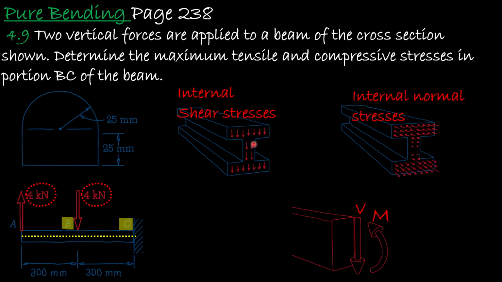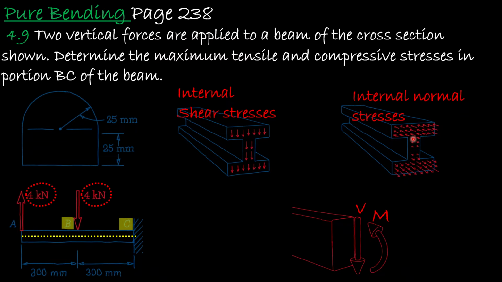So this is a different cross-section beam, and these are the shear stresses. These shear stresses will generate a net shear force, and that's what we want to figure out if you are asked to find the shear and moment diagram. And the external moments, like the moment caused at the fixed support right here at C, will cause internal normal stresses.